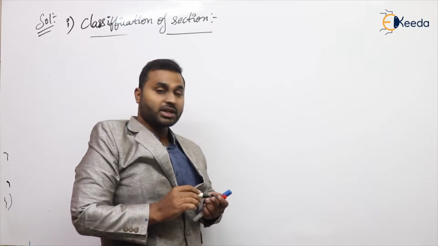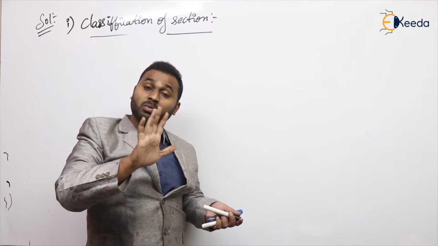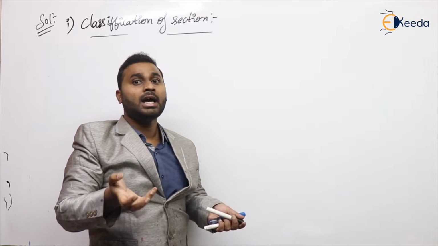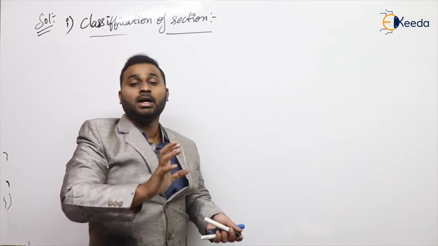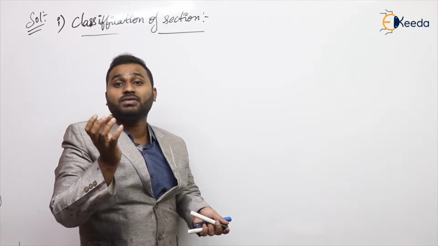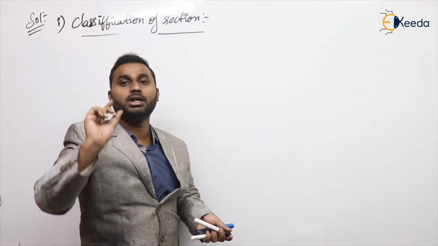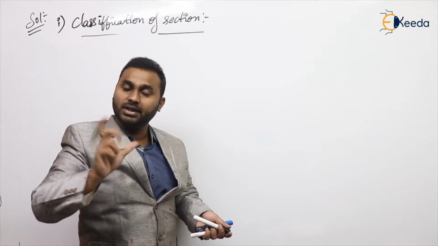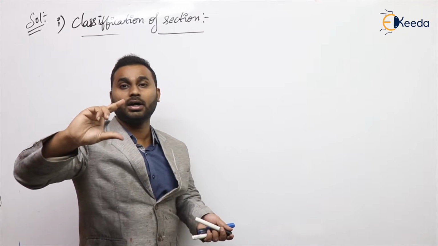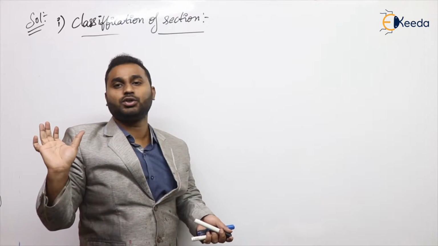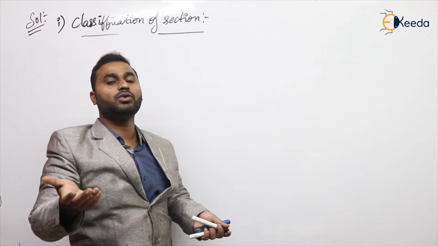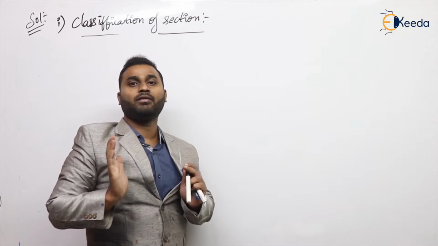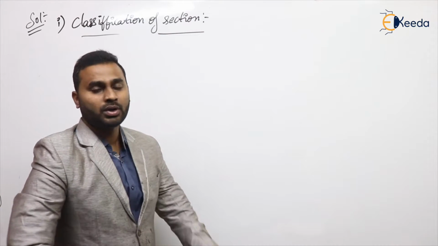These types were classified based on moment carrying capacity theoretically, and in realization of that classification we make use of some dimensional ratios, that is width of the flange to thickness of the flange ratio and depth of the web to thickness of the web ratio. Already we have discussed those values and the main criteria for classification of the section, and I am not going to repeat that.